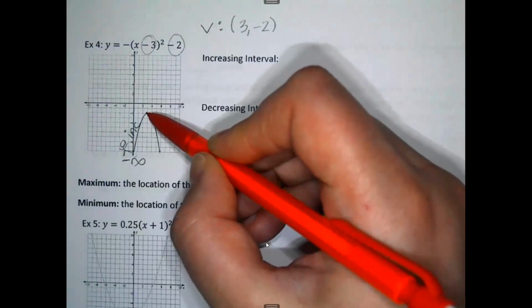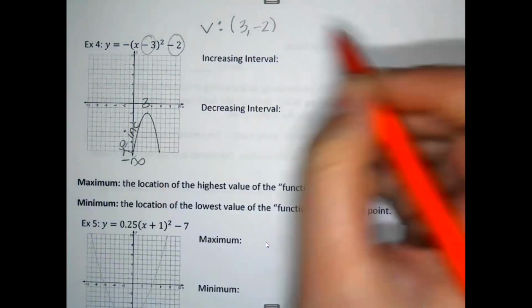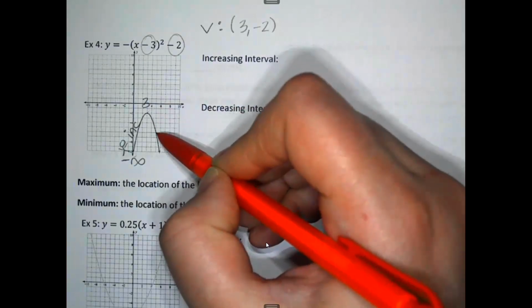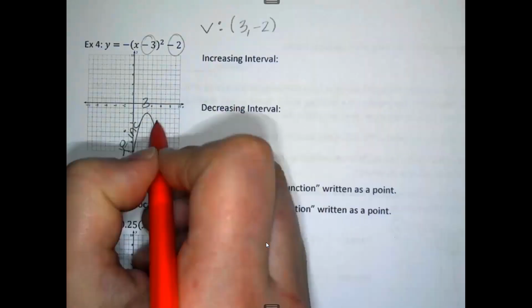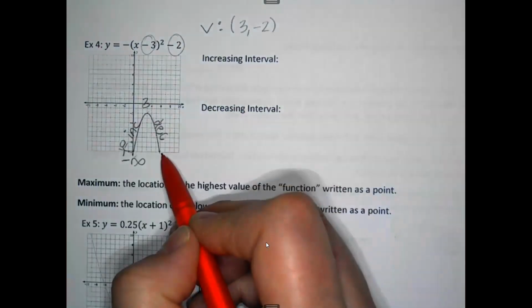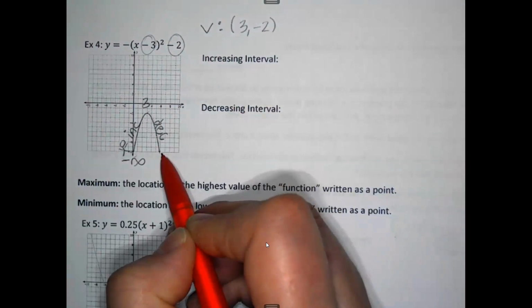And what number is the mountaintop? 3. And then after he hits the mountaintop, which direction is he going now? Down. He is decreasing, and he gets to the right arrow.